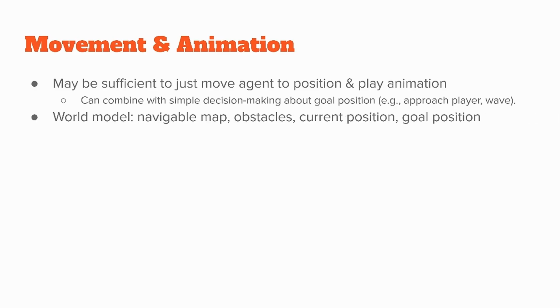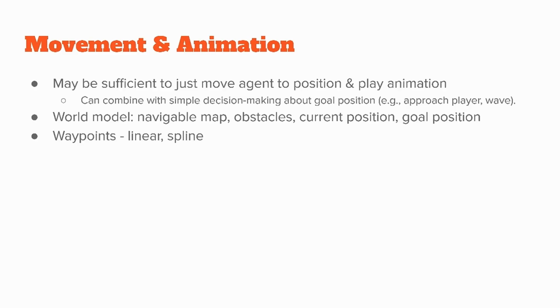When you are developing the world model for movement, the four things you need are the map, where you can move, what the obstacles are, where you currently are, and where you're headed. The ways of moving are waypoints, where you could just move a unit in a straight line from point to point.